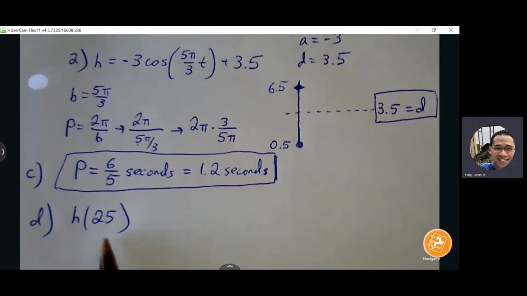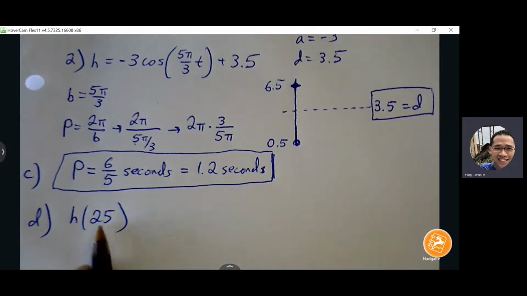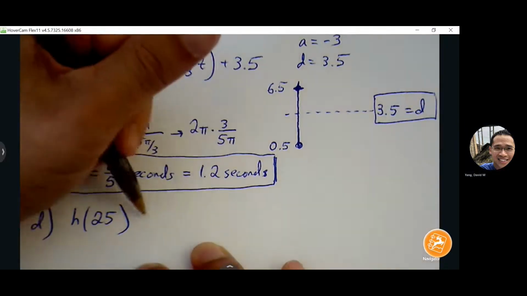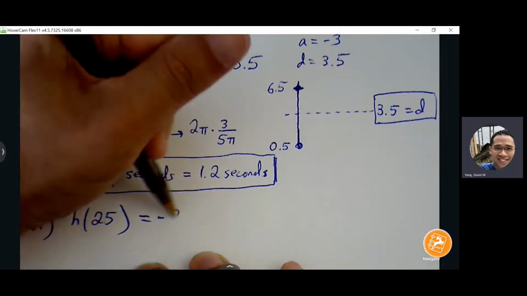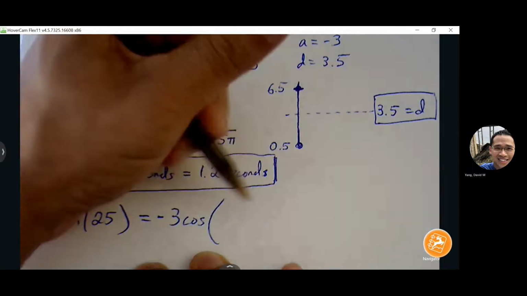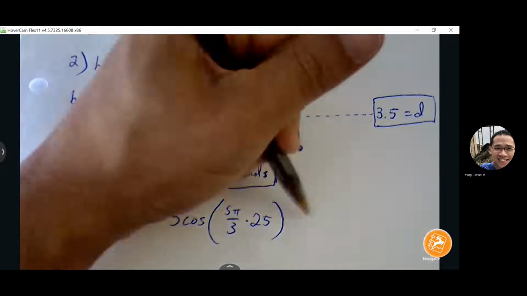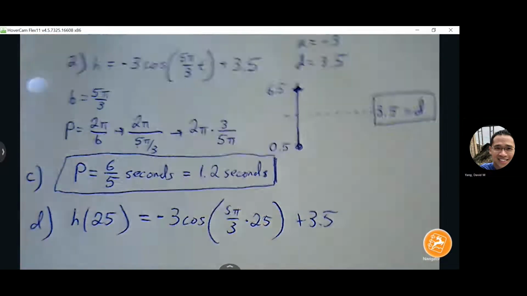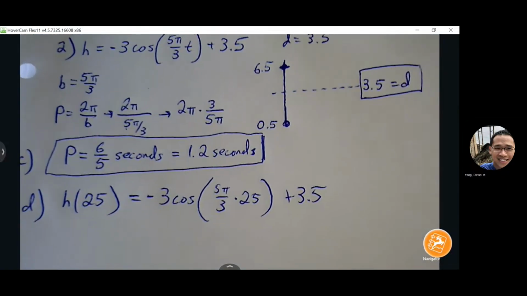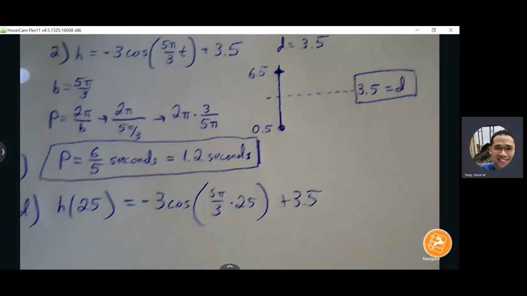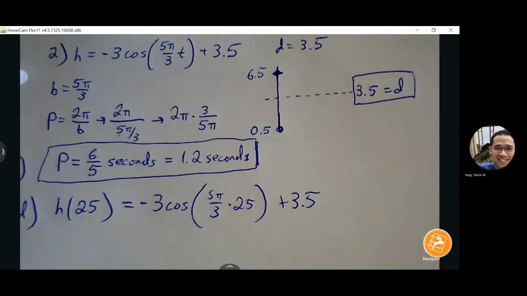That h of 25 just means I'm about to insert 25 into my equation. Okay, double check you're in radian mode. Start entering this in.